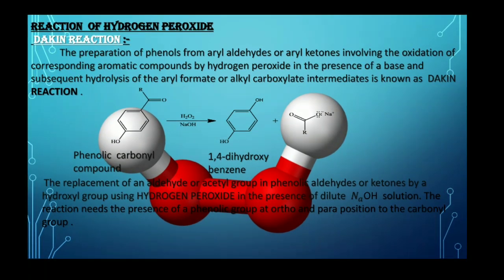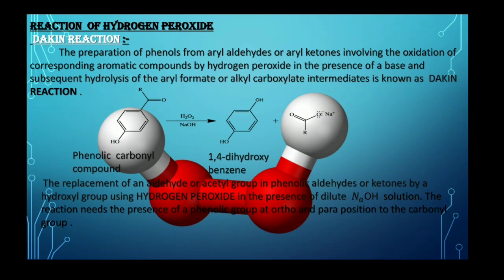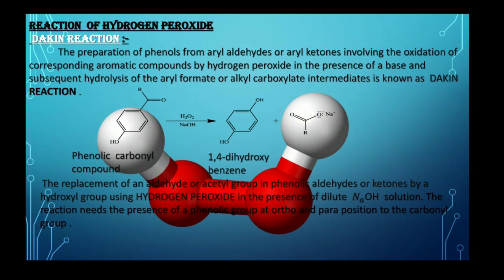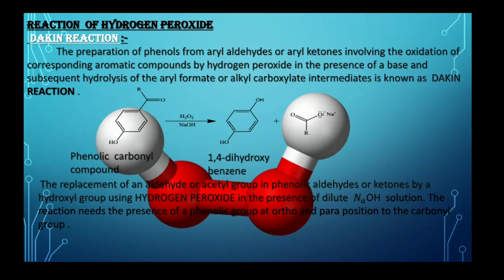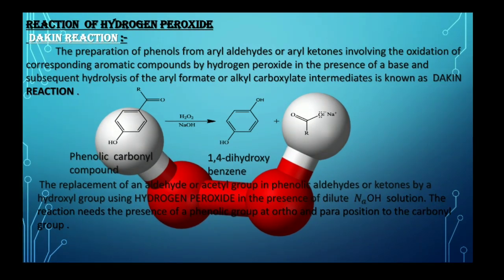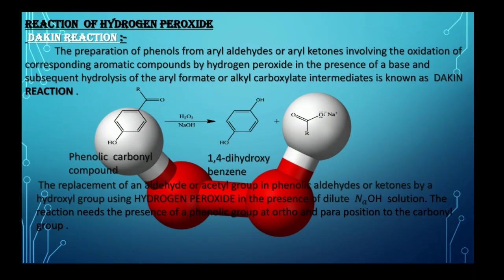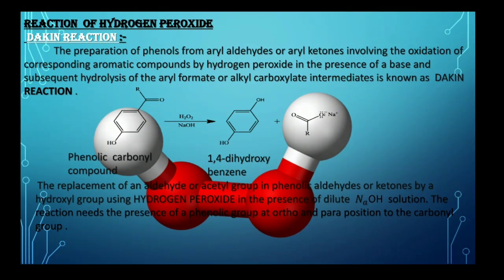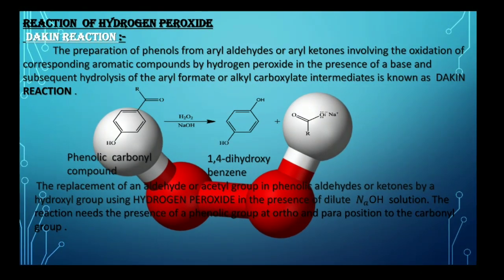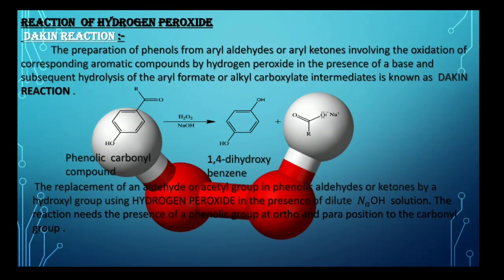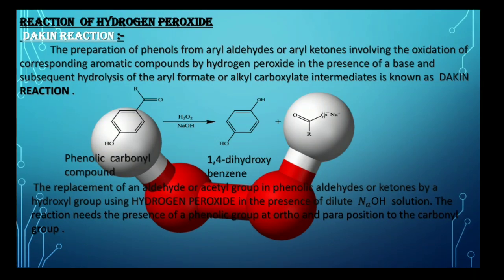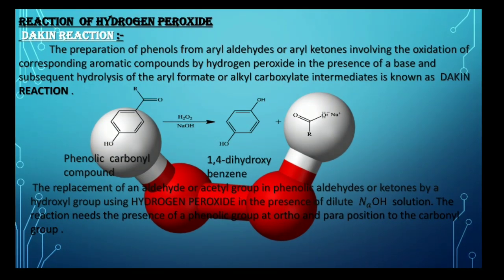First, we should know what the Dakin reaction is. The preparation of phenols from aryl aldehydes or aryl ketones, involving the oxidation of the corresponding aromatic compounds by hydrogen peroxide in the presence of a base and a subsequent hydrolysis of the aromatic or alkyl carboxylate intermediate, is known as the Dakin reaction.